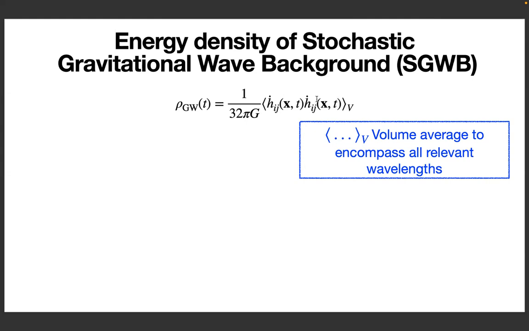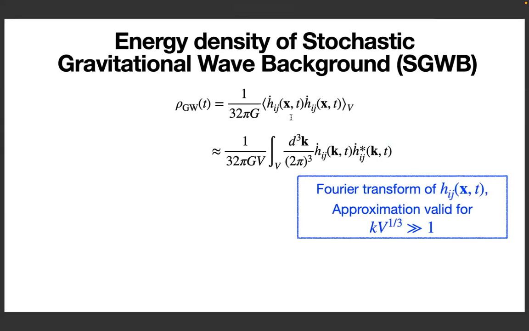And this is averaged over a volume. This is important: it is valid only if the volume we are averaging over contains all the relevant wavelengths. That means the volume is large enough such that all relevant wavelengths, or the excitations of these tensors, are well inside the volume we are considering.